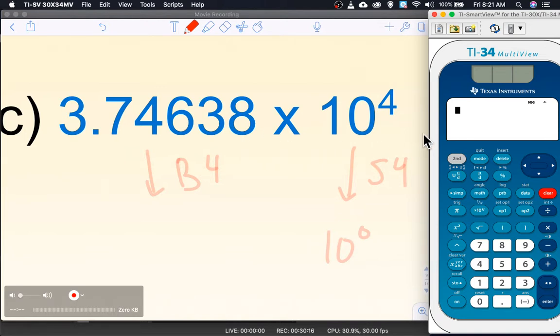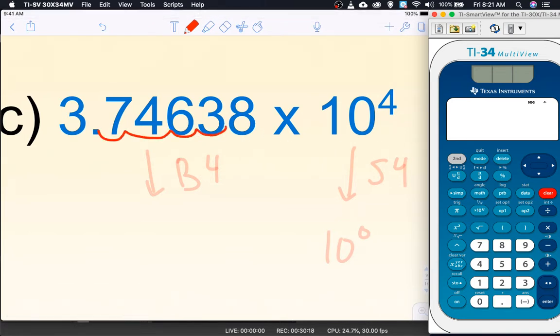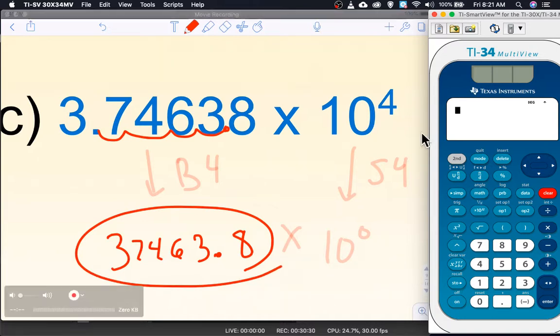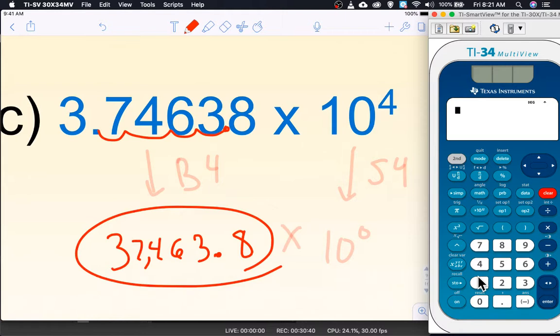So if I go 4 places, 1, 2, 3, 4, 3, 7, 4, 6, 3.8 is my number in standard format. And the only thing I'm going to do is add a comma right here, because here's my decimal, 1, 2, 3, comma. Helps us see that that's the number 37,000. And that's it.